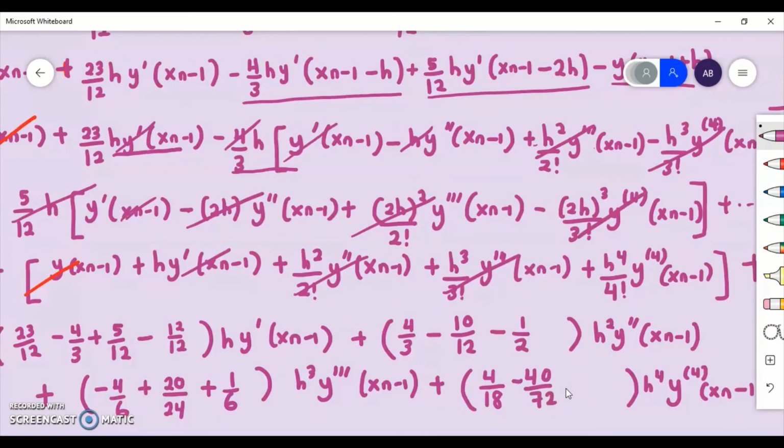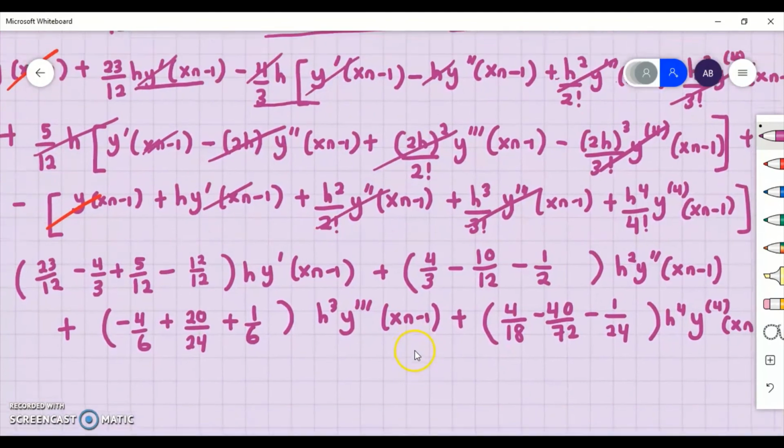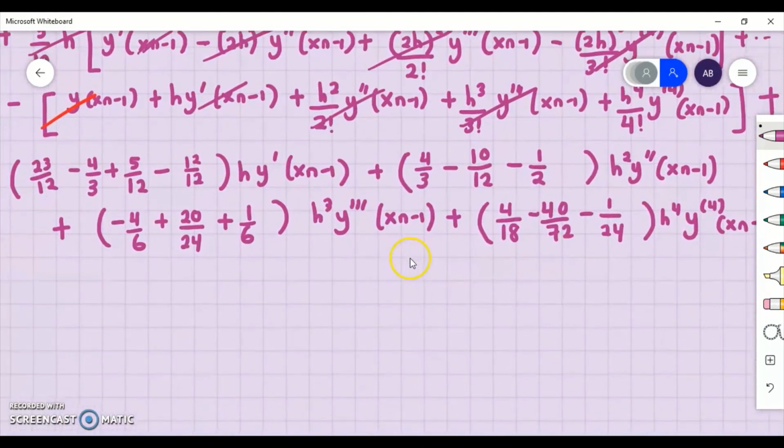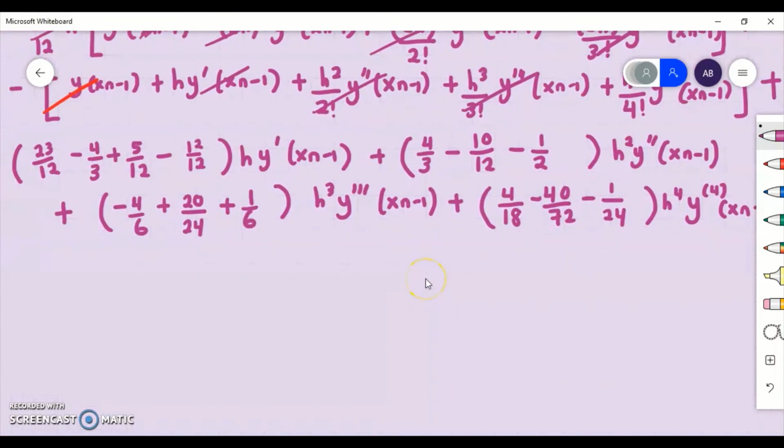Considered. And the last term will be minus negative 1 over 4 factorial, which is 24. Gosh, look at this. It's complicated, but not that difficult, right? It's just picking up the constants.